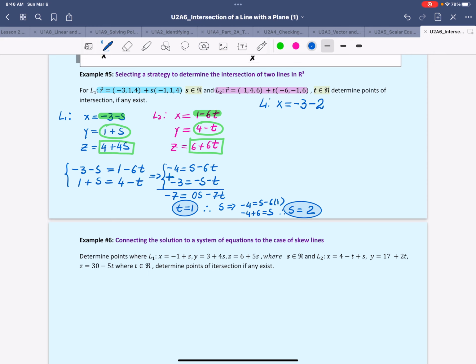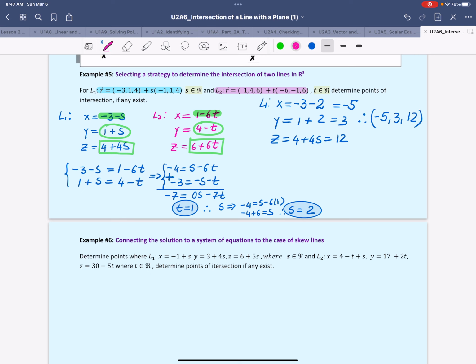So that would equal negative 5. And the y-coordinate will be 1 plus s, so 1 plus 2, that's a 3. And for the z-coordinate, we'll have 4 plus 4s, which is 4 plus 4 times 2 equal to 12. So therefore, we're going to say that if there is a point of intersection on line L1, it will have to be negative 5, 3, and 12.